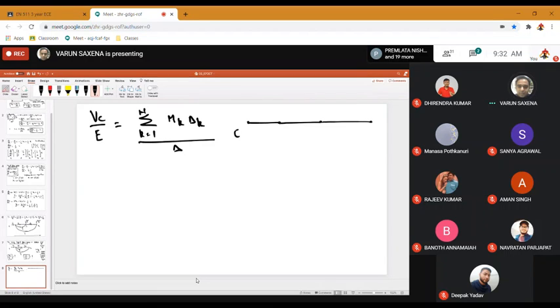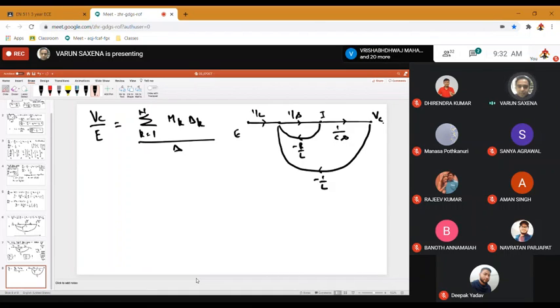So we have E, then 1 upon L, 1 upon S. You have S by L. You have minus 1 upon L. So here you have I, here you have 1 upon CS, and here you have VC. Okay, let's evaluate these quantities.